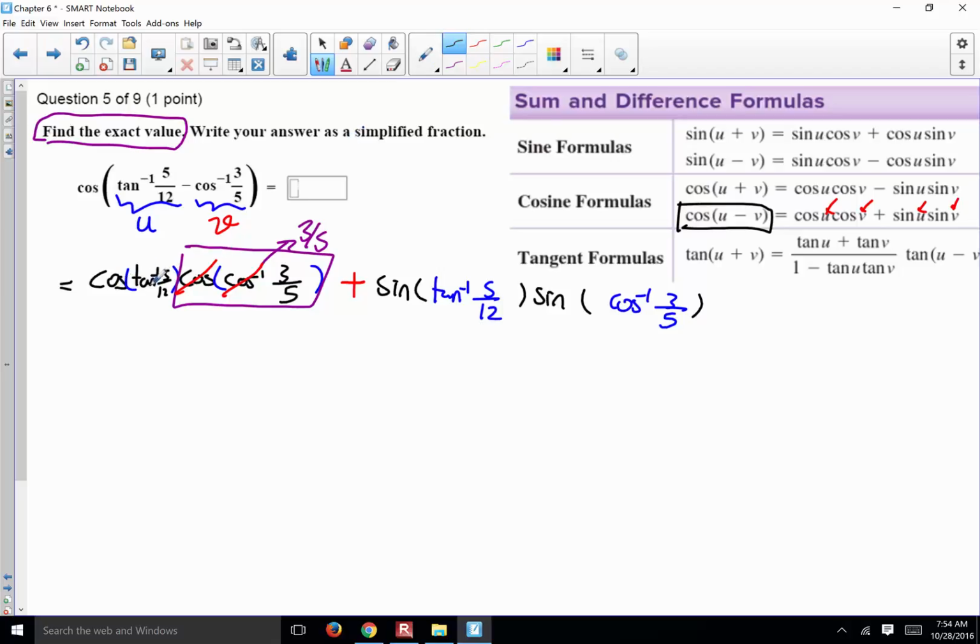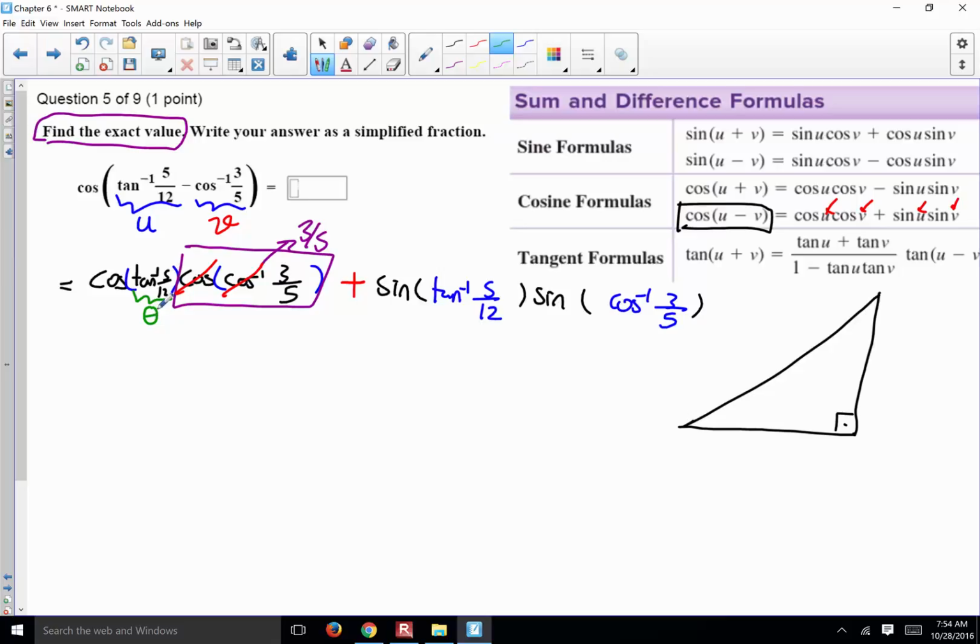How do we get cosine of tan inverse 5/12? Okay, for this, for combinations of trig functions with inverse trig functions, use the right triangle all the time. First off, what we have here is a theta value, right? Tangent inverse always gives us an angle, theta, or U, you can call it if you wish.